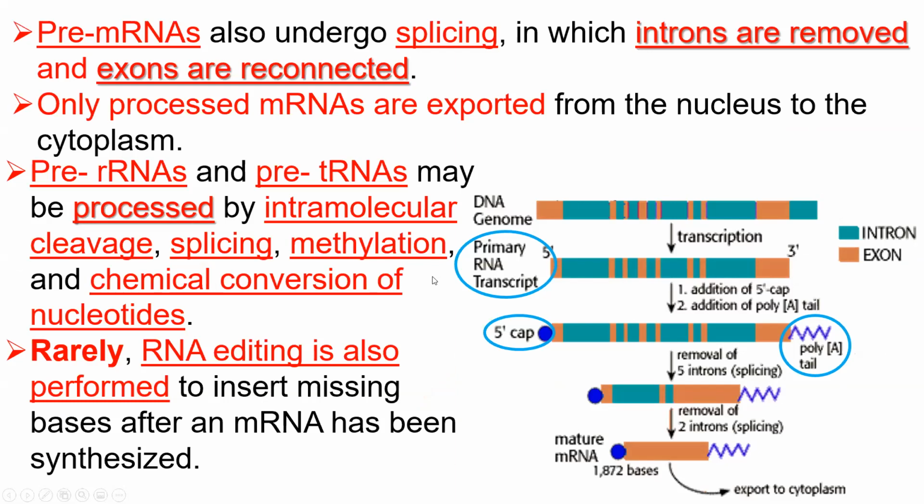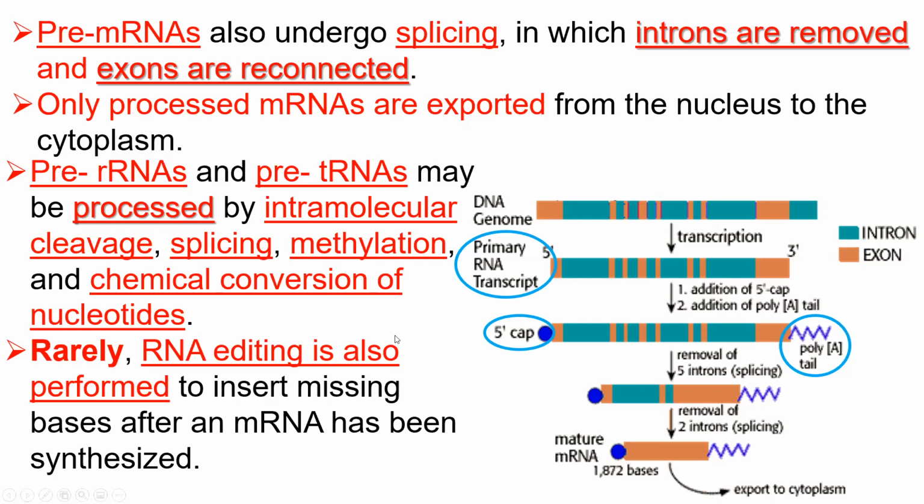Gene expression chapters are so important, and you need to know the difference between prokaryotes and eukaryotes. You need to know that in prokaryotes, RNA is produced with no processing, so it can be translated directly.